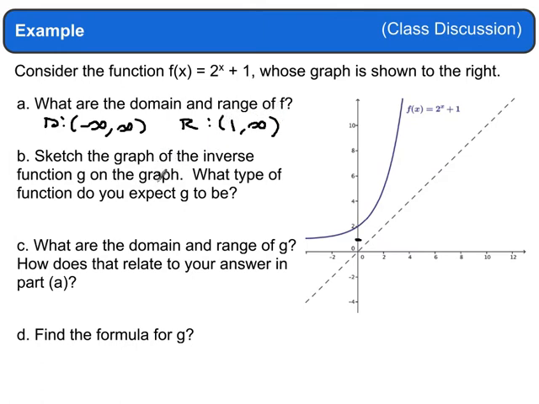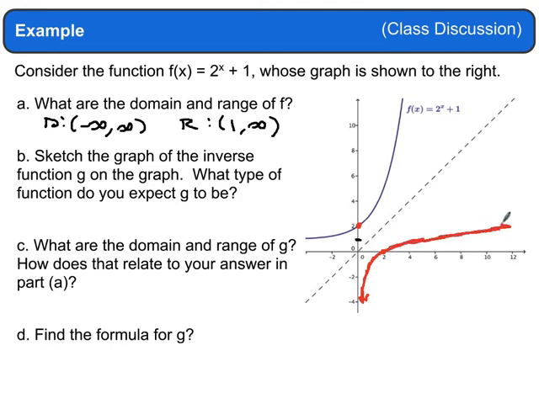What they want us to do is they want us to sketch the inverse function of this. So some of the things I would observe is that this goes through 0, 2. So that means I would expect this to go through 2, 0 on this side. And if we look carefully, right, we might see another number, maybe not.